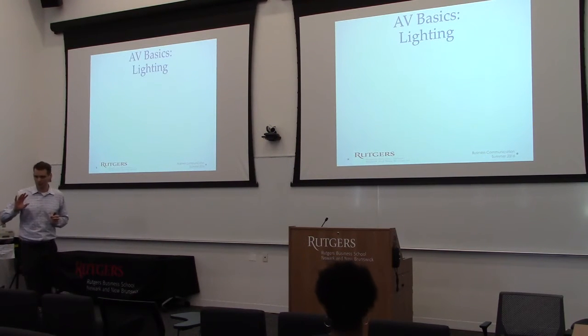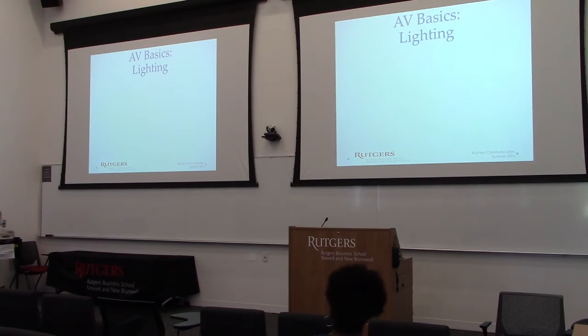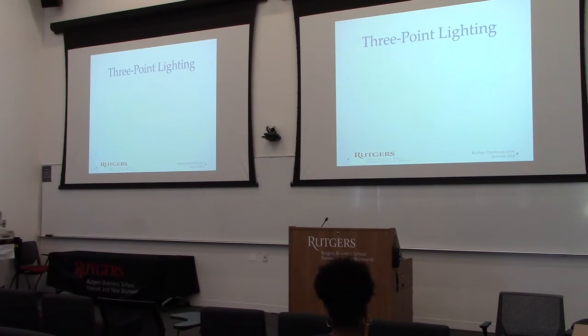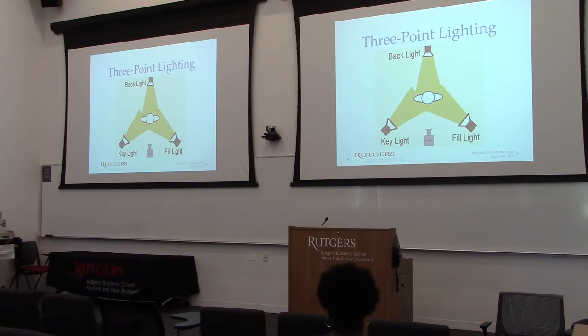Lighting is ultimately not that complicated. I'm going to teach you the basic 3-point lighting system. It involves 3 sources of light. There will be a key light, which will illuminate most of your features. A key light pointed at you from one direction is going to ultimately leave some shadows.